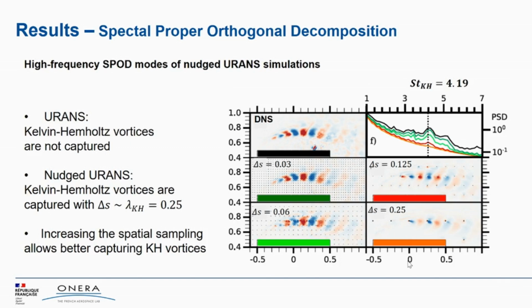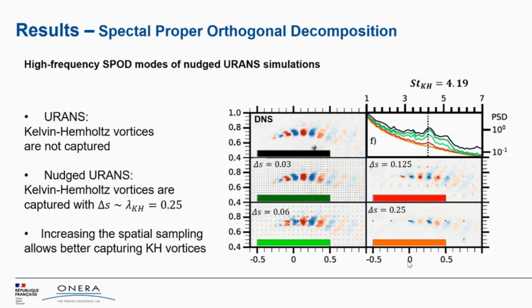Speaking about the shear layers, we were also interested in examining the high frequency SPOD modes at a Strouhal number more or less equal to 4. They correspond to the Kelvin-Helmholtz vortices that I mentioned at the beginning of the talk. Interestingly, if you remember, the neurons simulation could not capture the Kelvin-Helmholtz vortices at all.